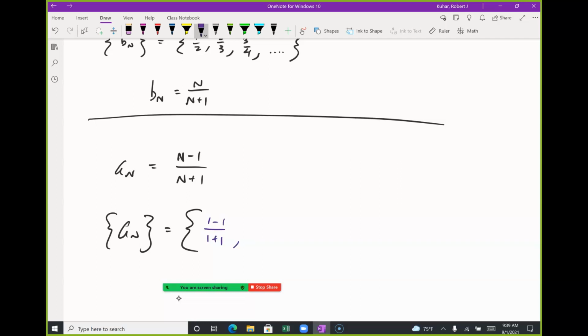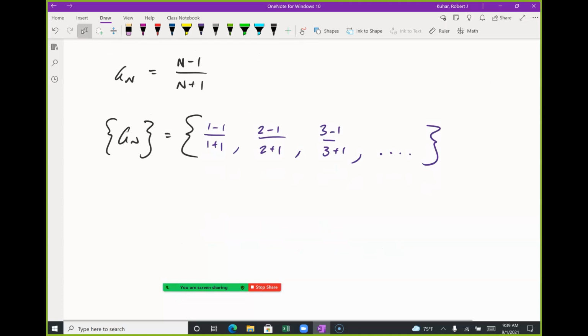So 2 minus 1 over 2 plus 1, right? Yes, you with me? 3 minus 1 over 3 plus 1, dot, dot, dot. At that point, I'm hoping I could pick up the pattern pretty quickly. So what do I get? 0 over 2, comma, 1 over 3, right? What is it? 2 over 4. Yeah. So 3 over 5, etc.